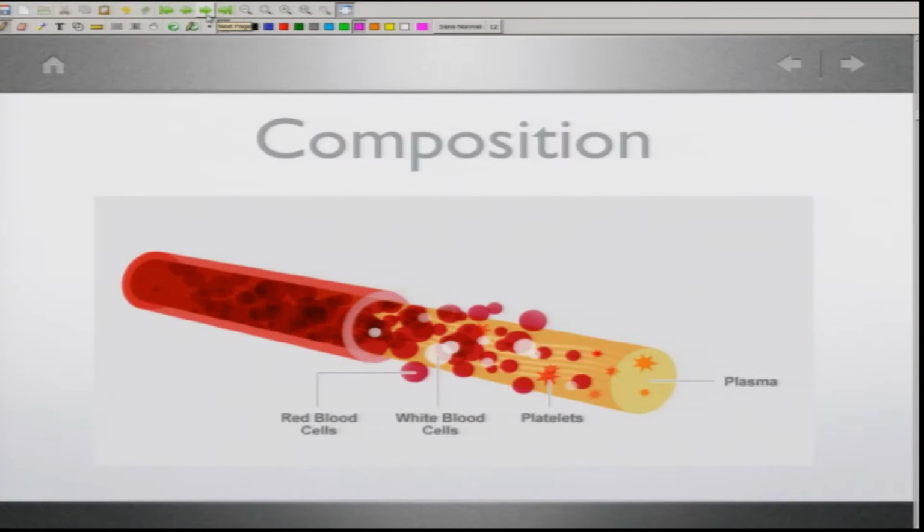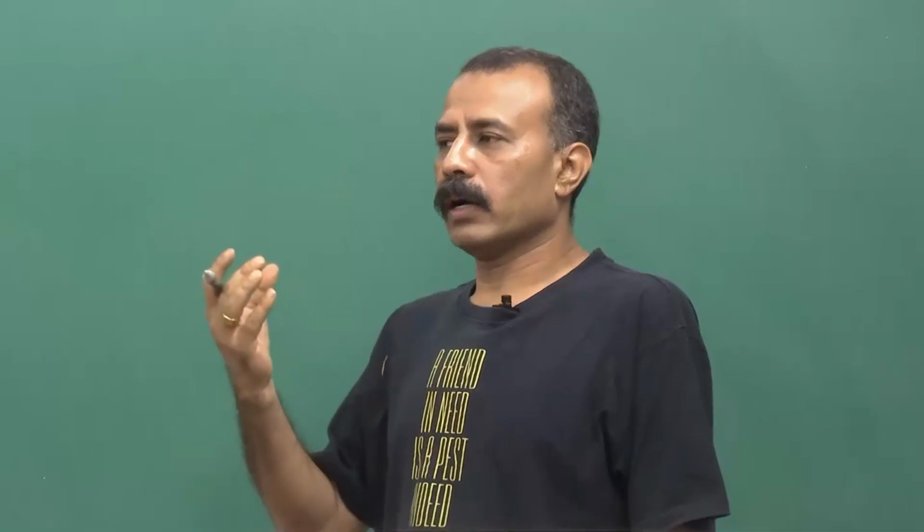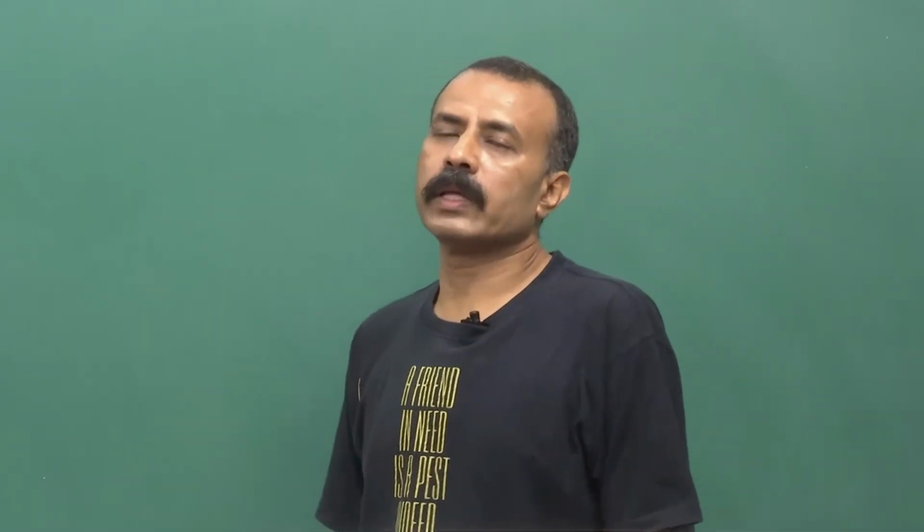Now, if you look at the whole thing, as I was telling you, it is basically a fluid which is moving and has a lot of suspended particles. Having shown you this picture, say for example, if any of these particle numbers increases, this will increase the viscosity of the blood, because blood is a liquid in which there are particles in the form of cells suspended, and smaller particles in the form of proteins and salts.